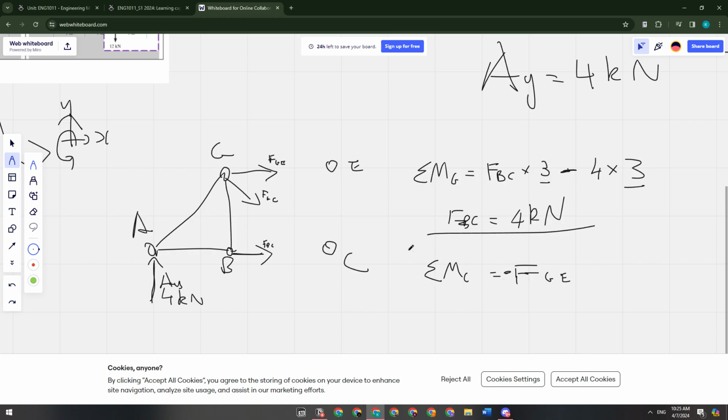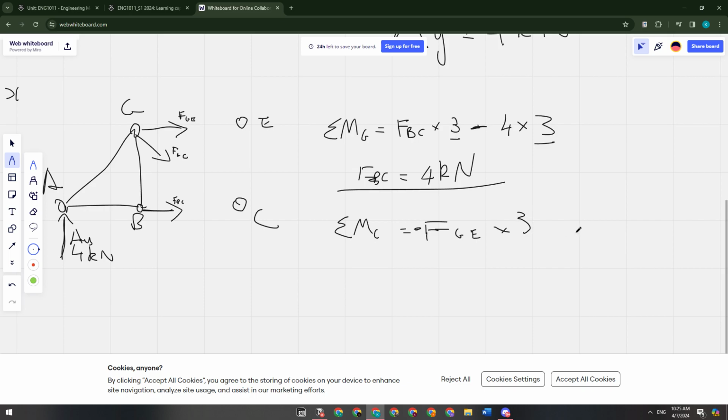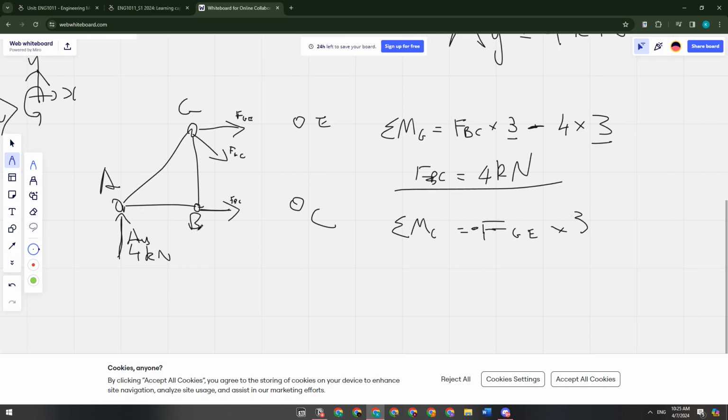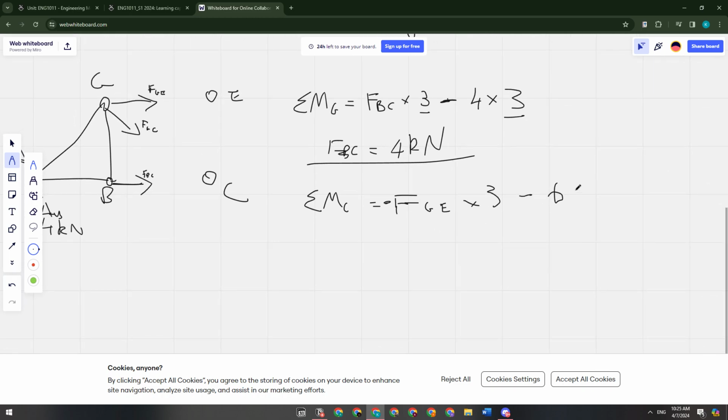You can see FG is going anti-clockwise, it's going 3 times 3. And now the other force is this one, which is 6 away, and it's going clockwise. So minus 6 times 4, and do your little calculation.